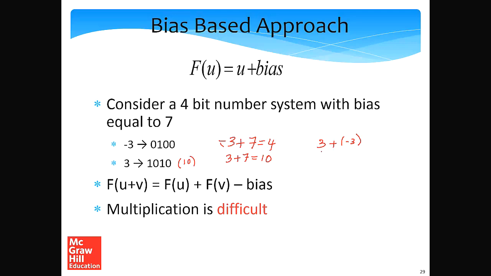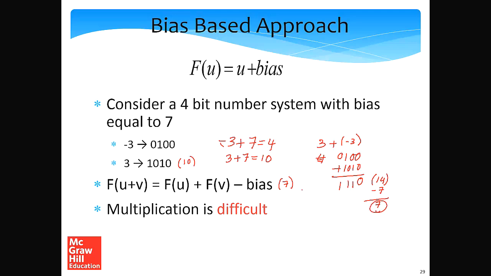So this would be equivalent to adding 4. Sorry. So basically we are adding 0, 1, 0, 0 plus 1, 0, 1, 0. So this is 0, 1, 1, 1. So this in decimal is 14. Then we need to subtract the bias, which is equivalent to 7. So if we subtract this in decimal, we get 7.